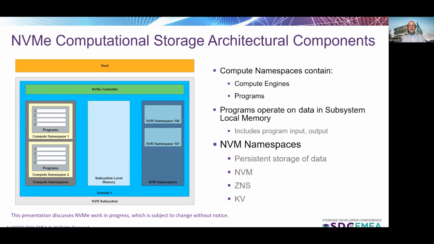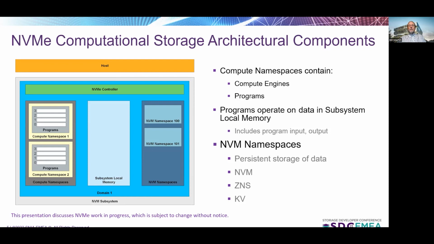So within the NVMe model, we have compute namespaces. They're over here on the left, highlighted in a dark gray box with two of them in light yellow. These compute namespaces contain a compute engine, and they contain the programs. And we'll talk in the next slide about how these terms map.